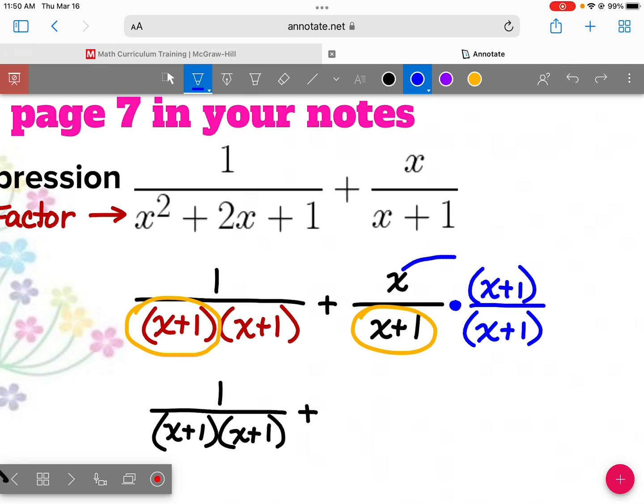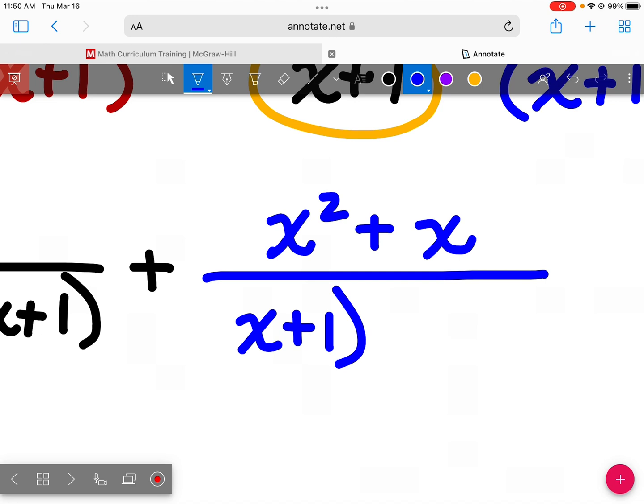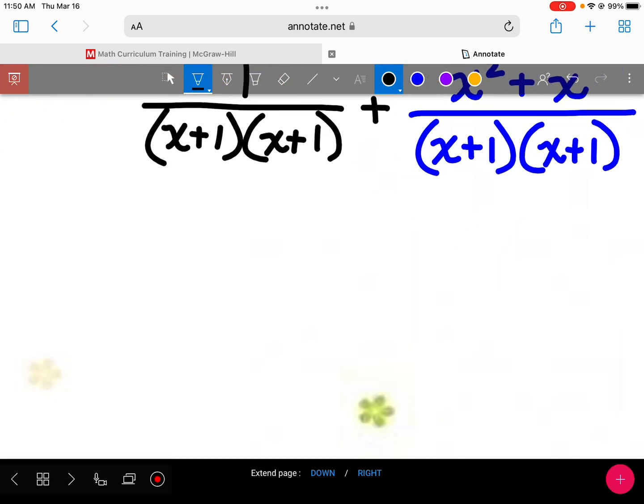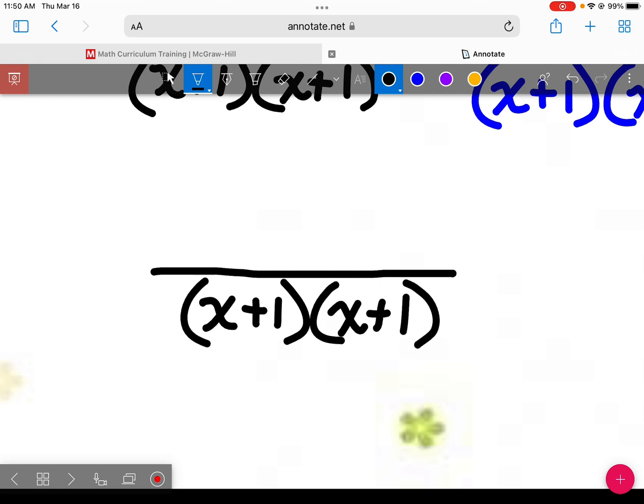So I'm going to have to distribute this: x squared plus 1x over x plus 1 times x plus 1. Are those denominators the same now? Yes. So what's the denominator of my answer? x plus 1 squared, or x plus 1 times x plus 1, yes. I don't care which way you write it. We're going to add those numerators together.